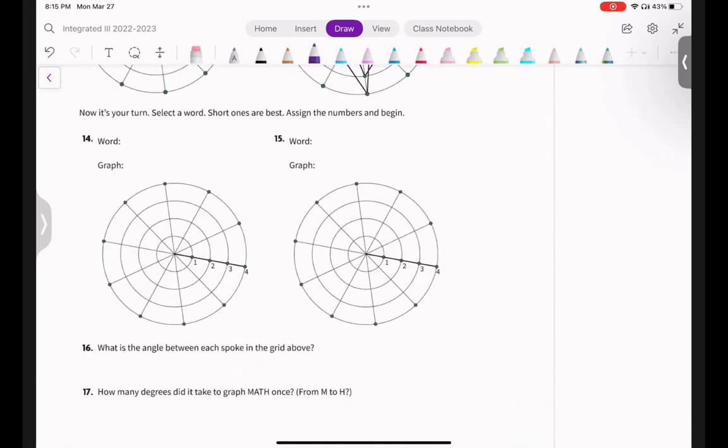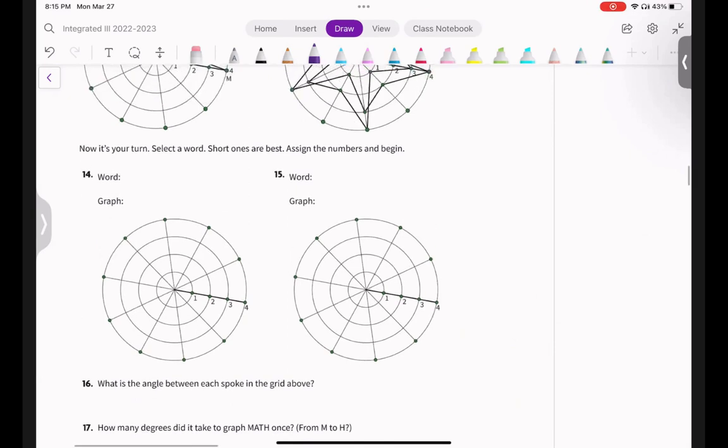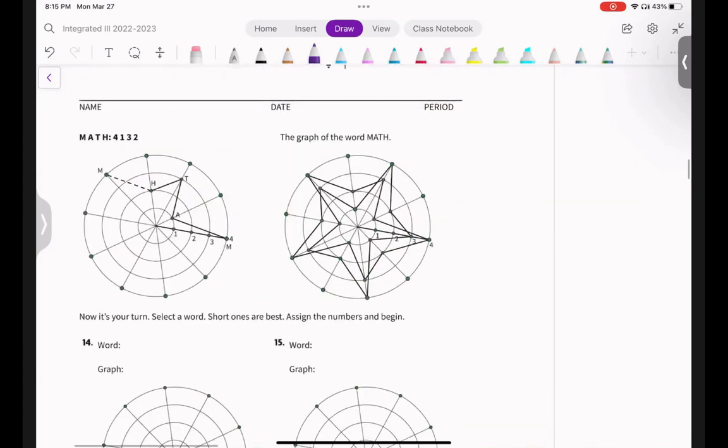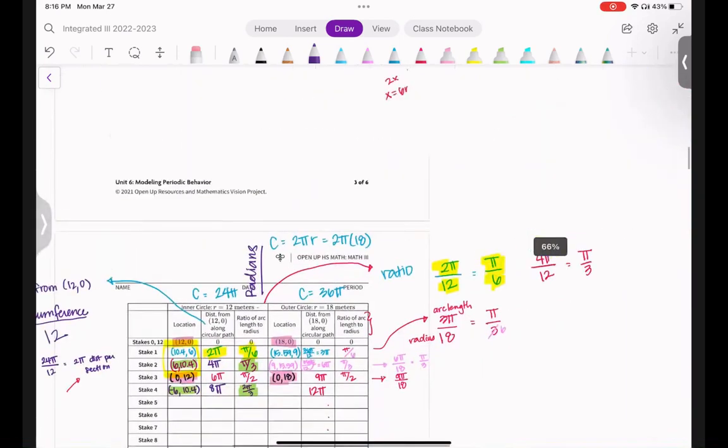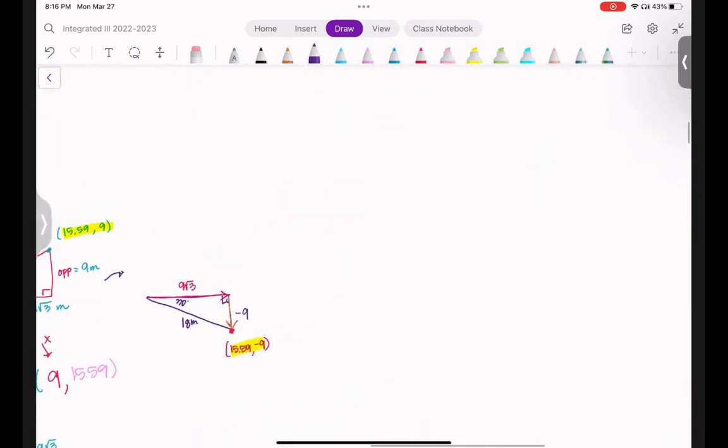I'll leave you to it. I want you to practice this. It says select a word, short ones are best, and assign numbers to it. Try this. Let me show you your exit ticket as well.